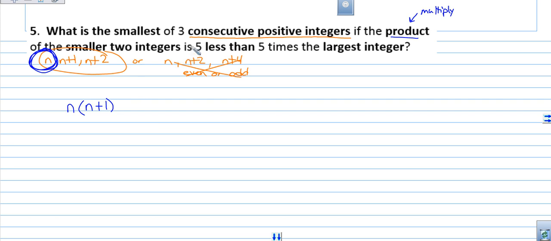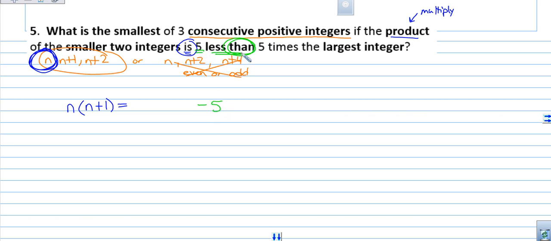Okay? Is means equals. So that's going to equal 5 less than 5 times the larger integer. Well, you see less than, that's subtract 5. 5 less than. You would think that's 5 minus, but because of this word than, it actually means we're going to subtract 5.